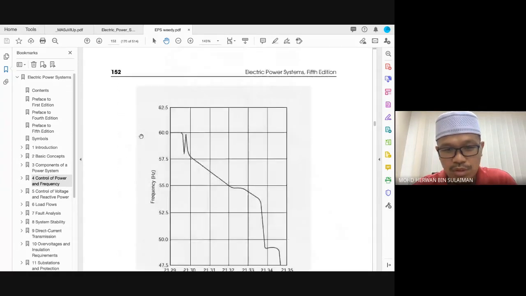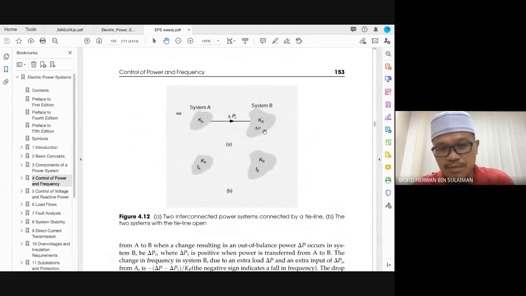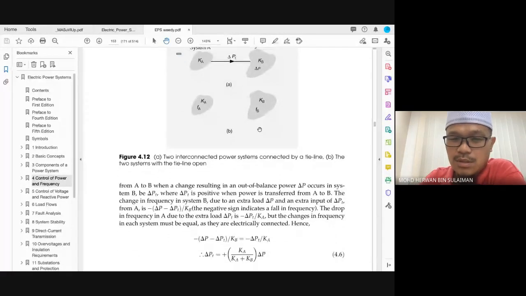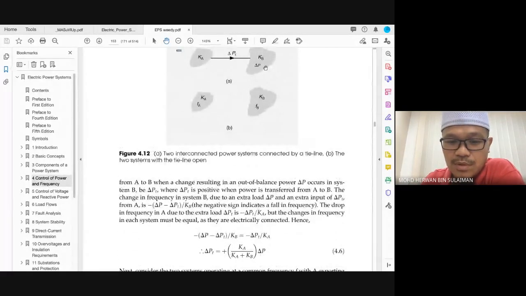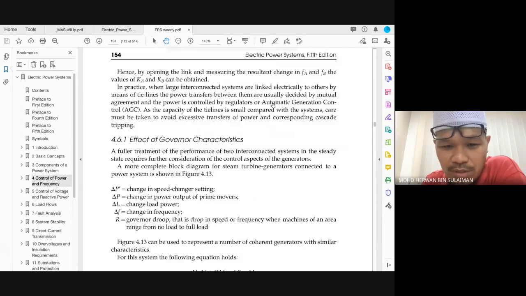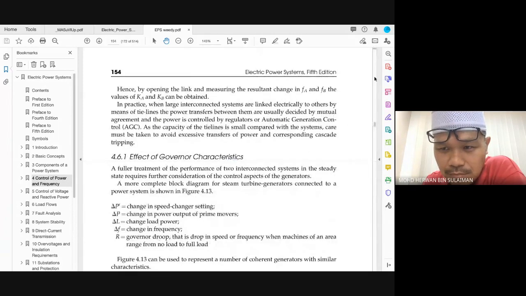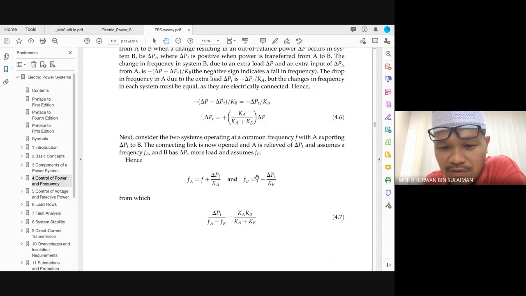Okay, so this example, as I said previously, you have load change. It's positive, meaning the load increases. If positive 500, suddenly the load increases, that's why your frequency drops. So at FB you minus, at area A you plus.